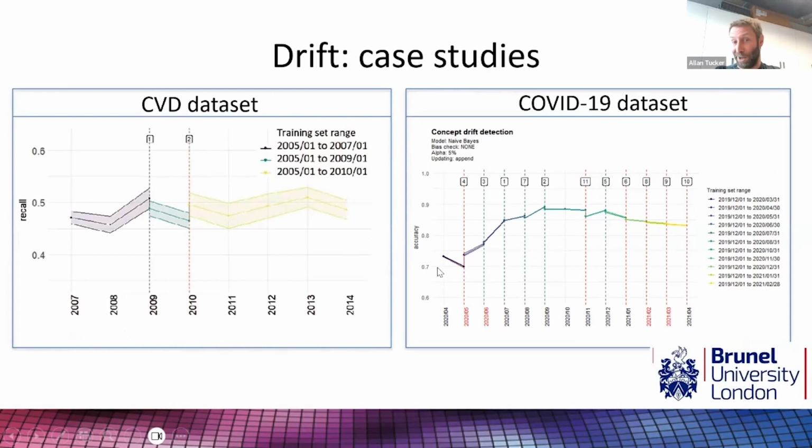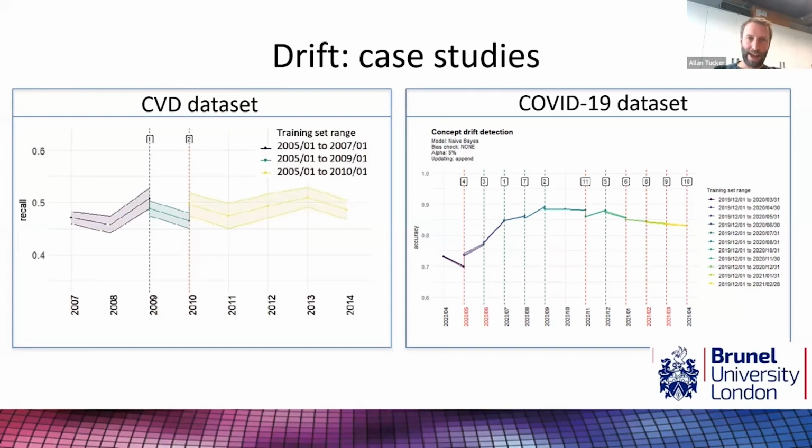Compare this to COVID, which we applied every month. It was a rapidly changing scenario, and you can see drift being recognized almost every time. This is a very dynamic, changing set of data where the models are really struggling to keep up, and it quite nicely shows how important drift is.